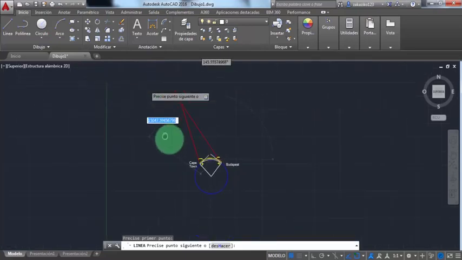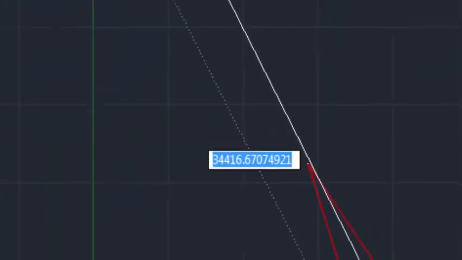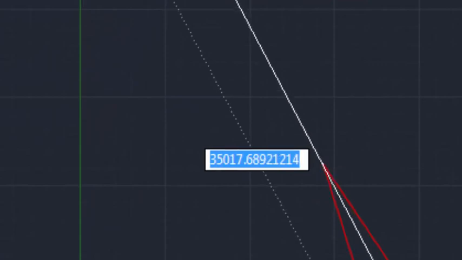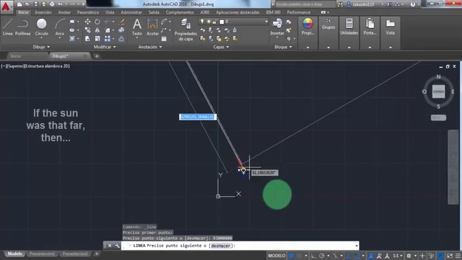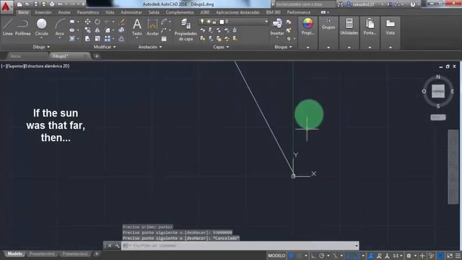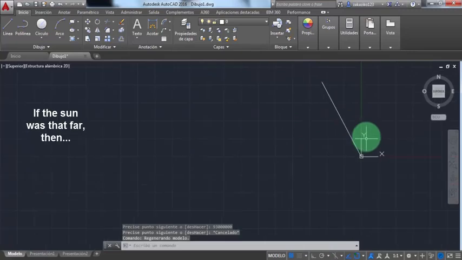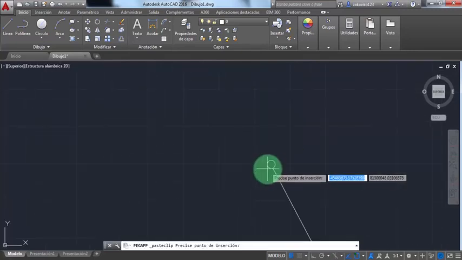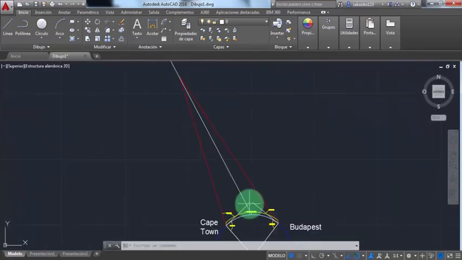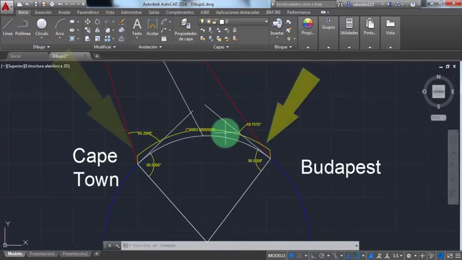But it doesn't matter. I'm going to draw a 93 million miles line just to see the difference. Wow. These lines should normally take you to the source of the light, which is the sun.